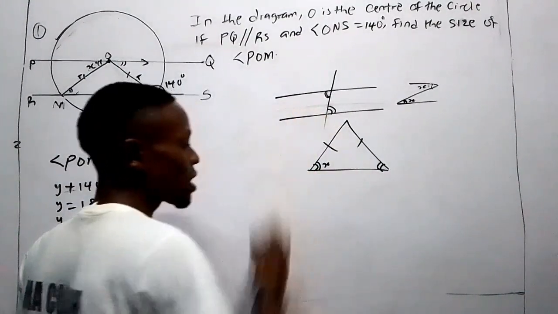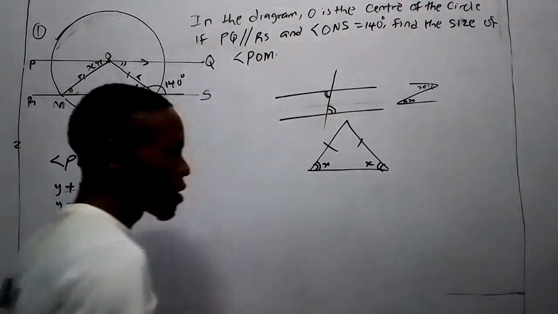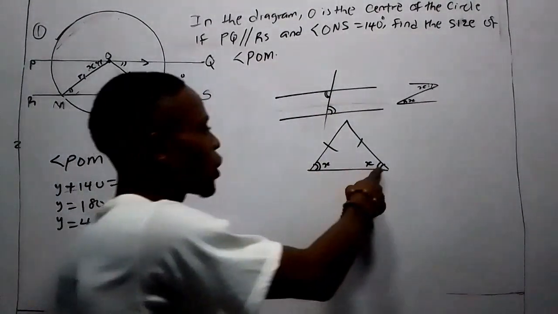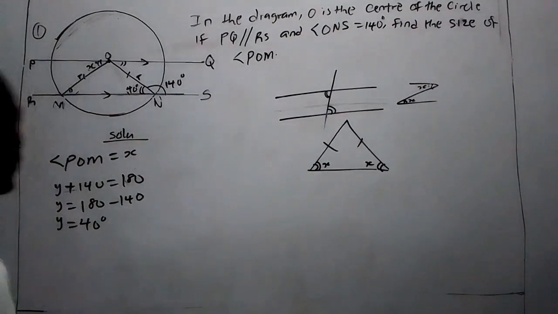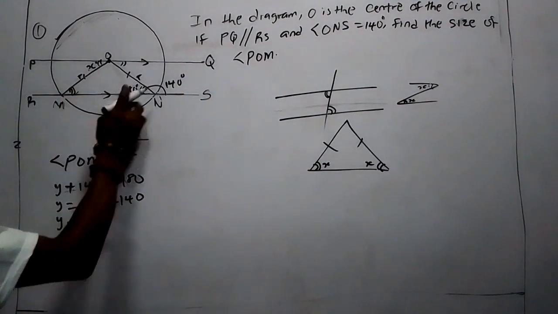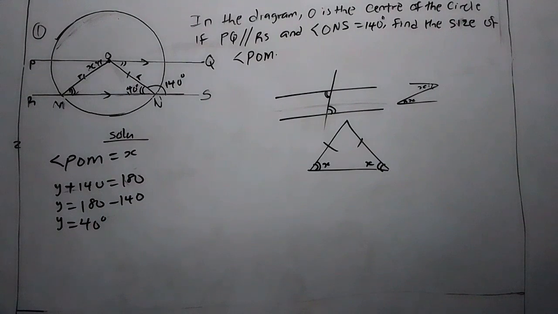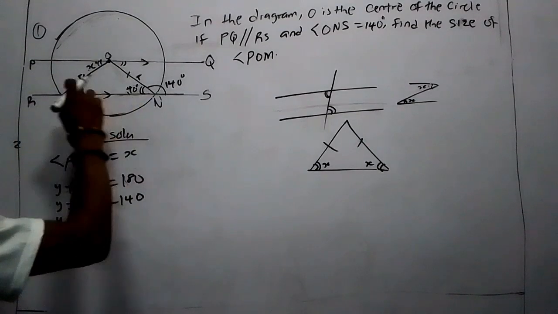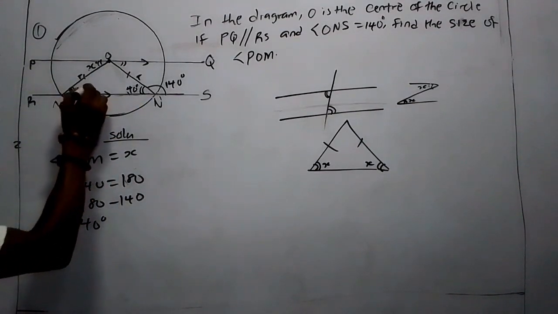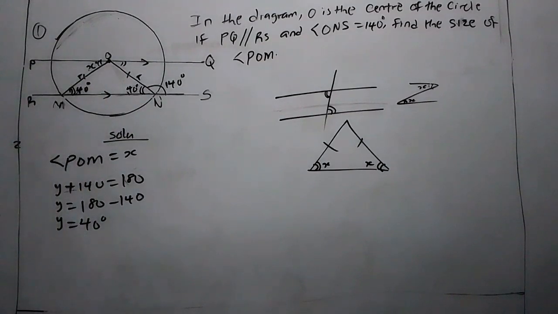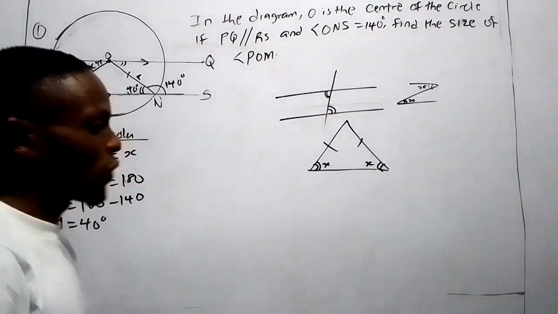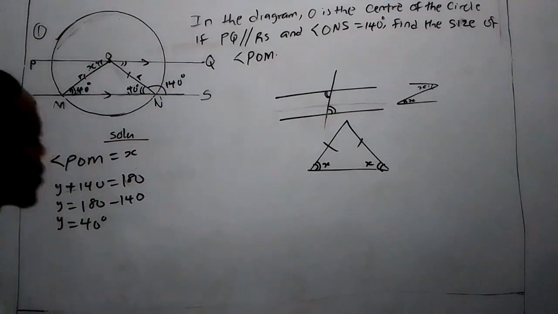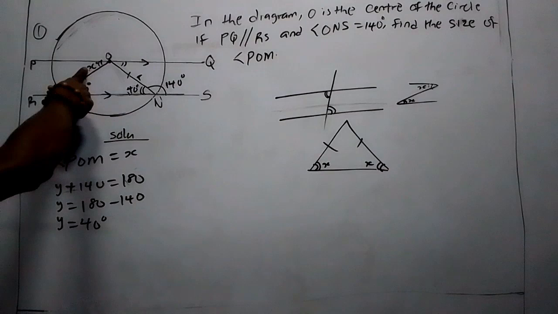If the base angle here is 40 degrees, definitely this one is also 40 degrees, because they are base angles of an isosceles triangle. So since I've gotten this as 40 degrees, it's very simple now, and we can get our answer.